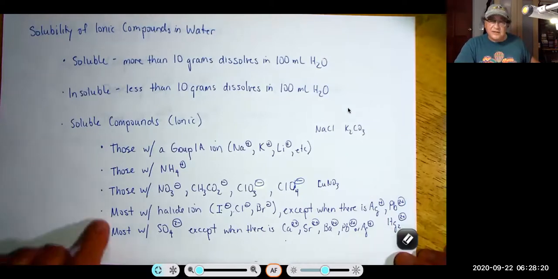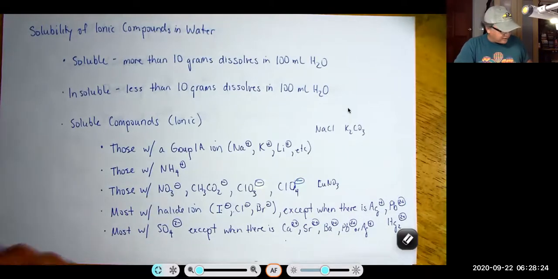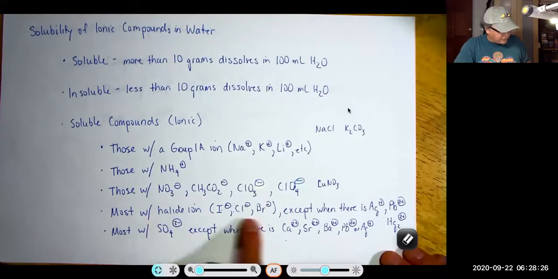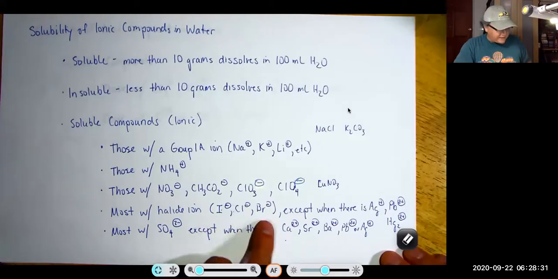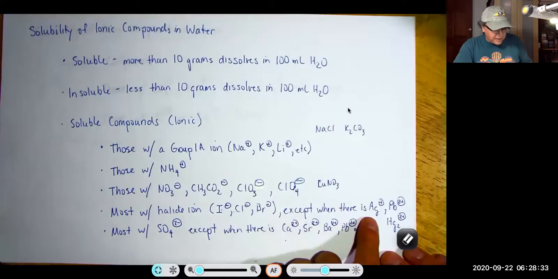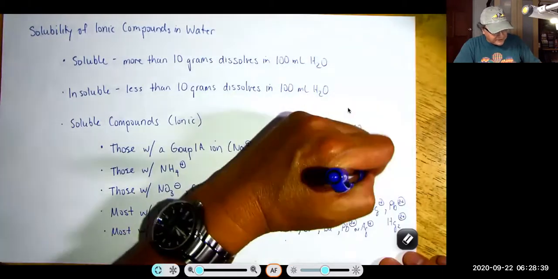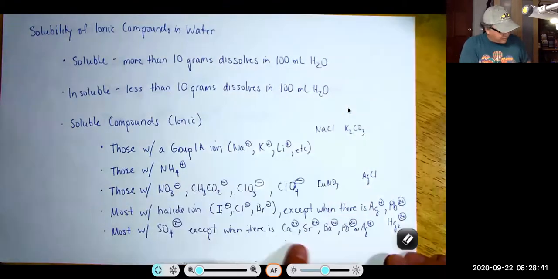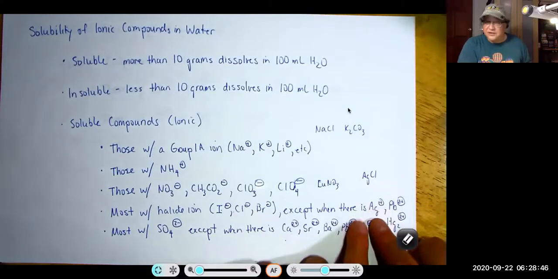These two here are things that will dissolve usually unless they're combined with something else. So halides, these usually dissolve. Iodide, chloride, bromide, except when they're combined with silver, lead, or mercury 1. Okay? So that means that AgCl, you would think would be soluble because it has the chloride ion in it, but it's not because it's also got the silver.